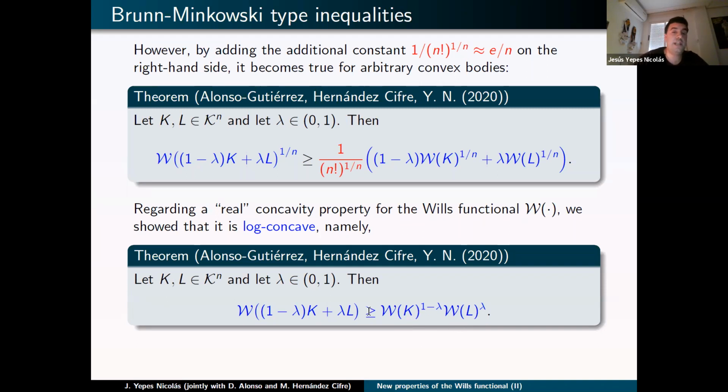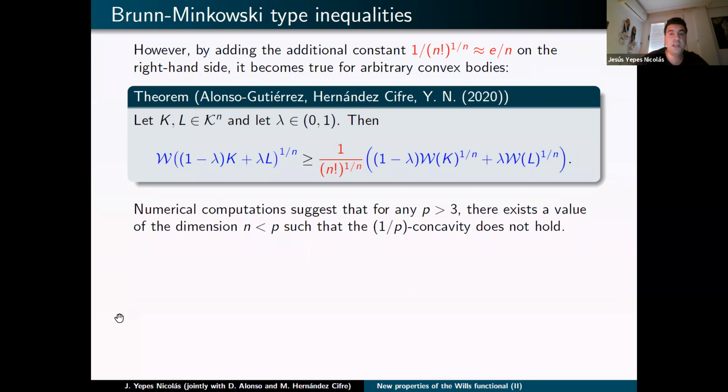We obtain this as an application of the above-mentioned integral representation for the functional, jointly with the Prékopa-Leindler inequality. But moreover, what we checked is that this is the best concavity that one can expect for such a functional in the following sense. By making some numerical computation, we found counterexamples for any expected 1 over p concavity for p large enough.